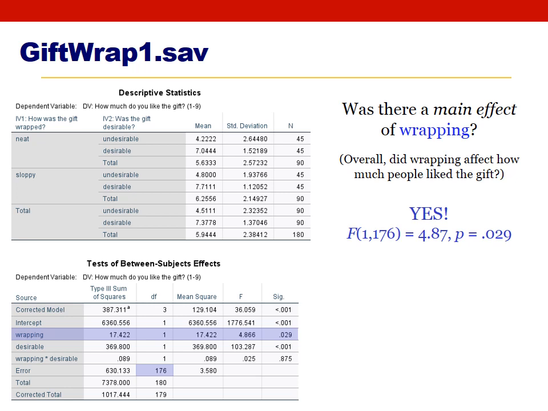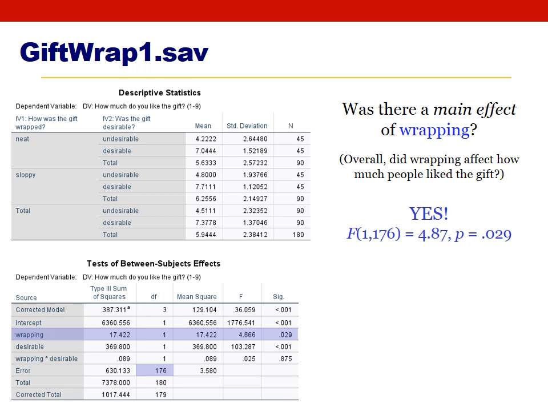Now let's interpret this main effect. All we know so far is that there was a main effect of gift wrapping. So overall, people's ratings of the neatly wrapped gift and people's ratings of the sloppy wrapped gift were different from each other. But which one did people like better? If we look at the descriptives table up at the top, we'll see that there's a row for each combination of our two independent variables.